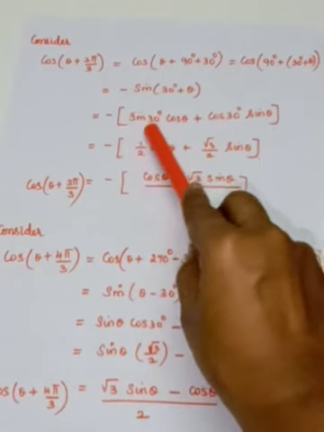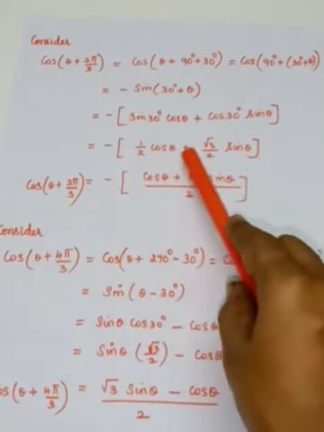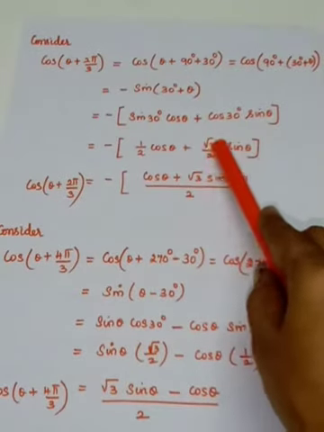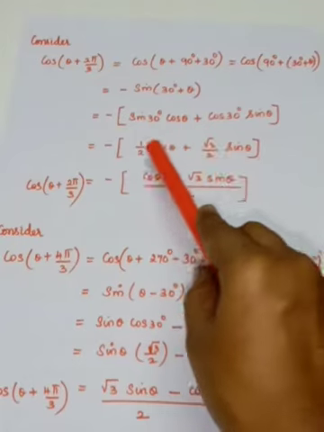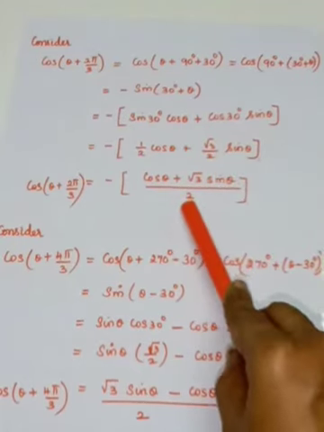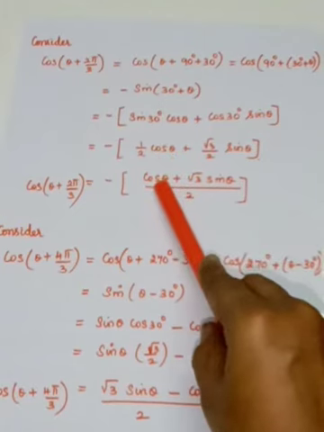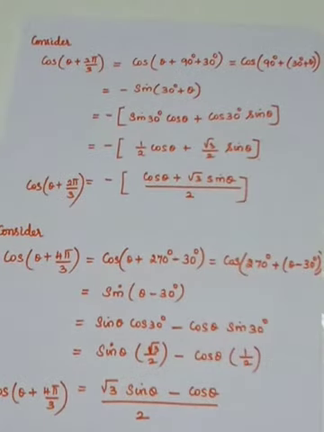You know the value of sin 30 degree is 1 by 2 into cos theta, plus cos 30 degree is root 3 by 2 sin theta. Here the denominators both have the same number 2, so 2 is the LCM. So you have (cos theta plus root 3 sin theta) by 2. I have found what cos of (theta plus 2 pi by 3) is.